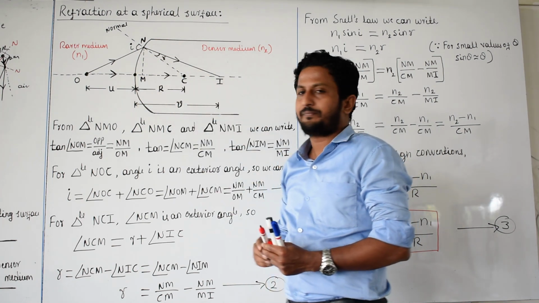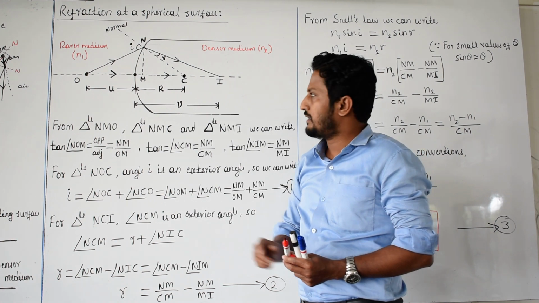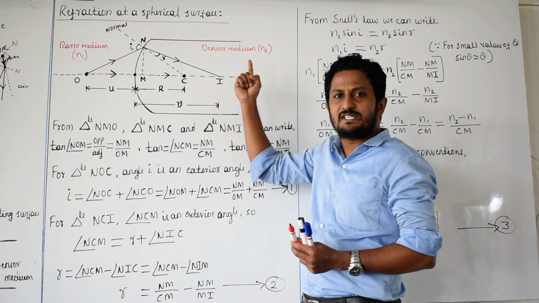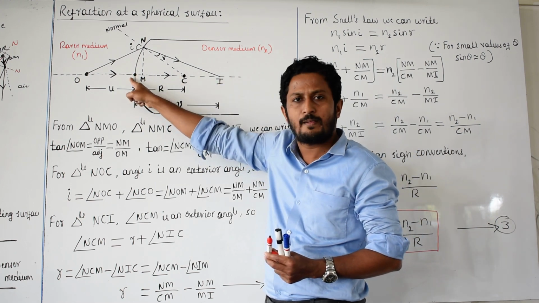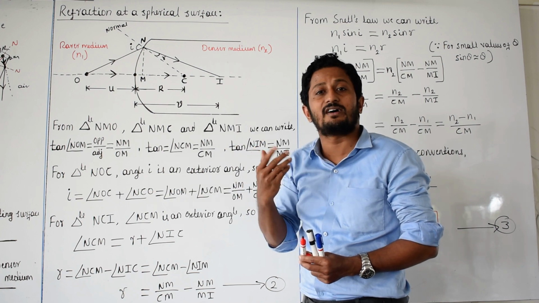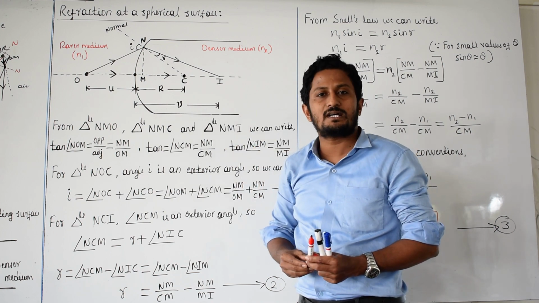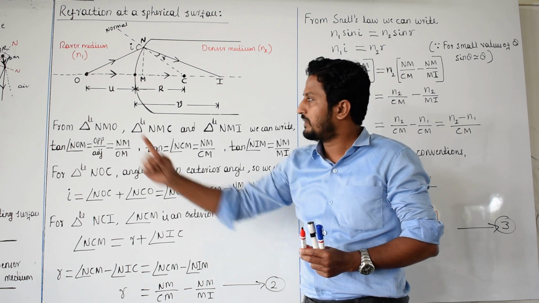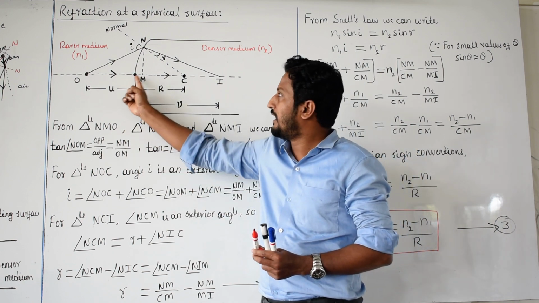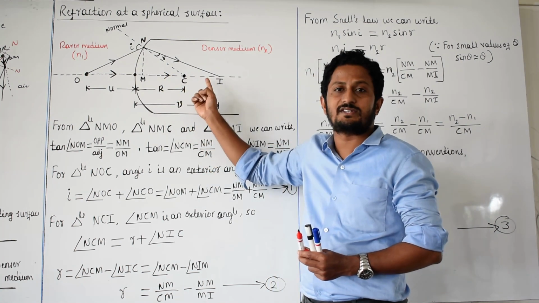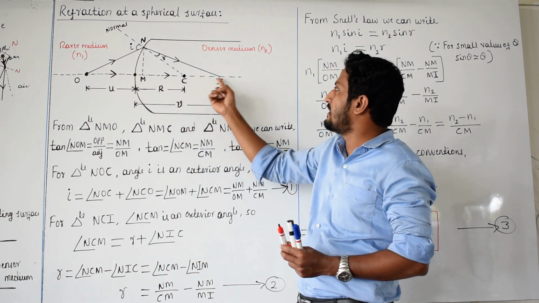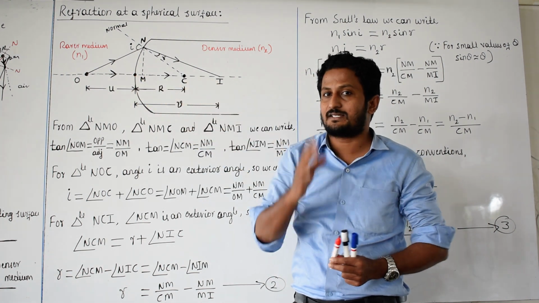Now, a horizontal line which is passing through the pole and the center of curvature is called the principal axis. This dotted line is the principal axis.